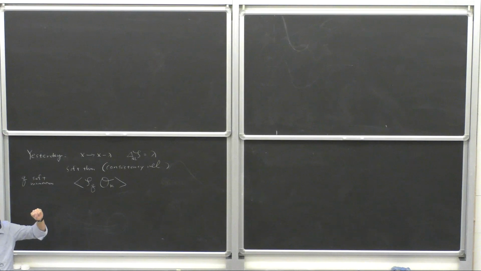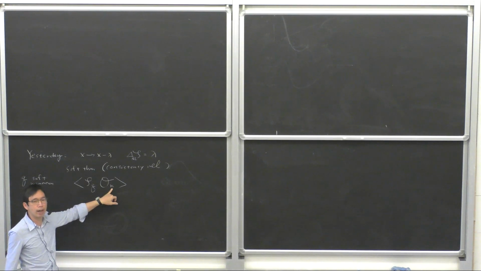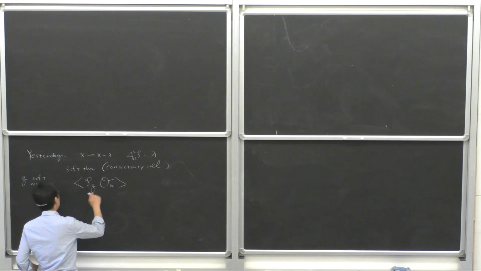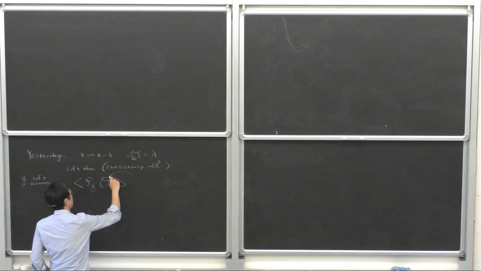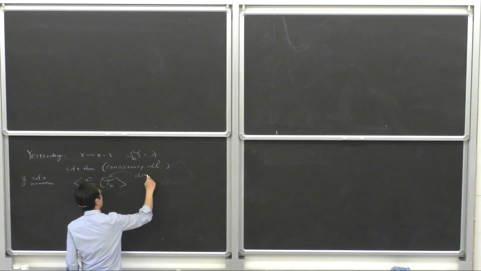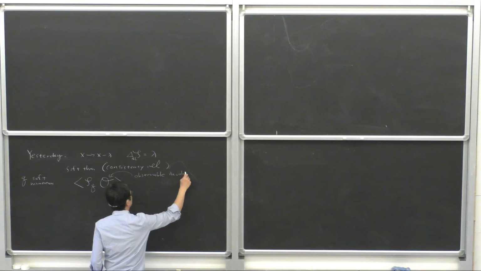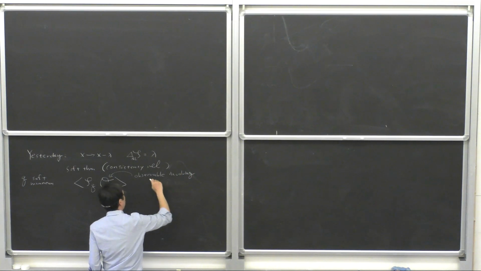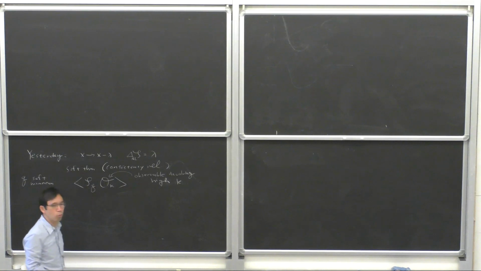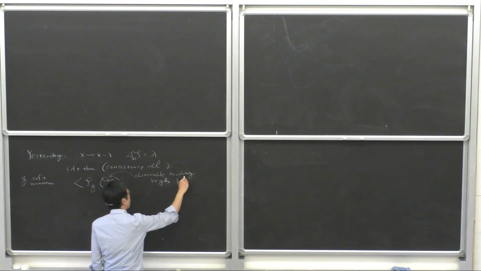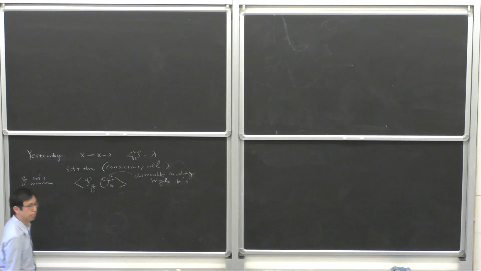I'm just being lazy and write it all as K, right? So this is some observable involving high K. And usually not just one K, but several, but I will just write it as K schematically.